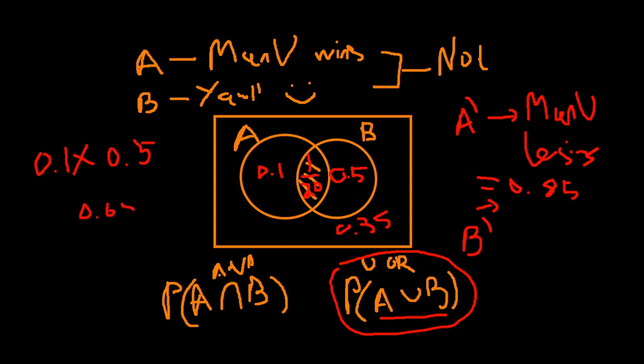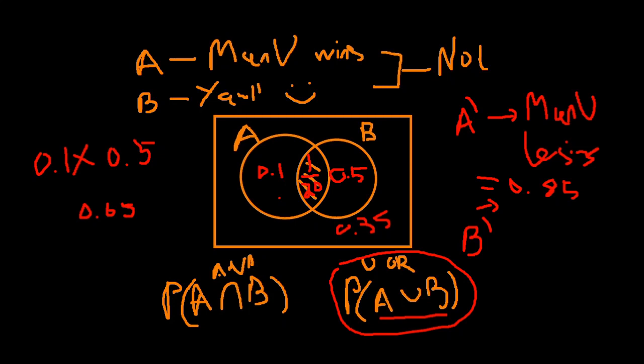Now, how would you calculate A union B? I mean, you'd essentially just look at A, that's 0.1 plus 1 over 20. And you would add on B, right? So that's, and B, if you look at B itself, that's 0.5 plus 1 over 20.